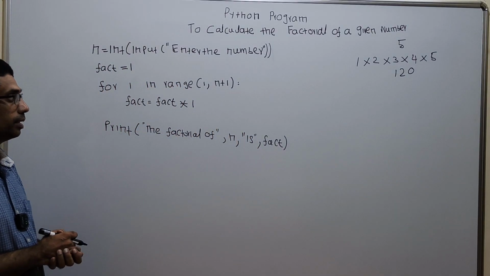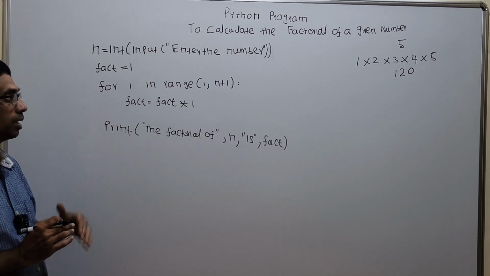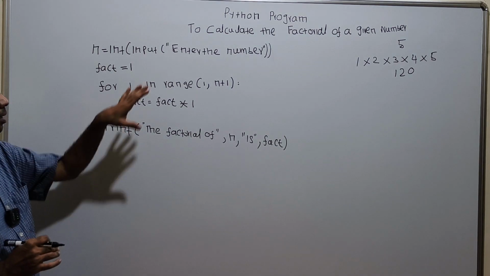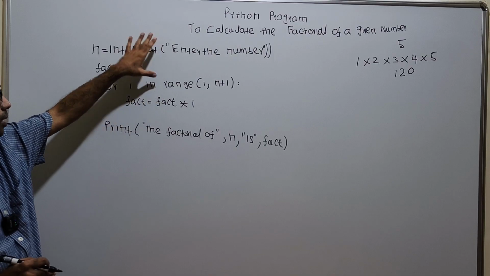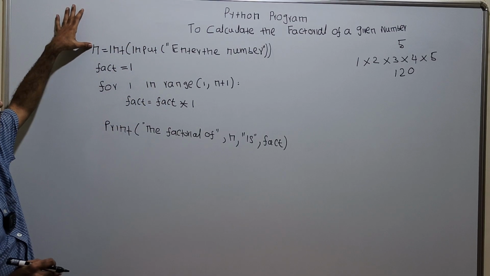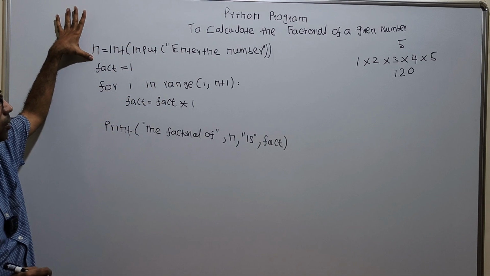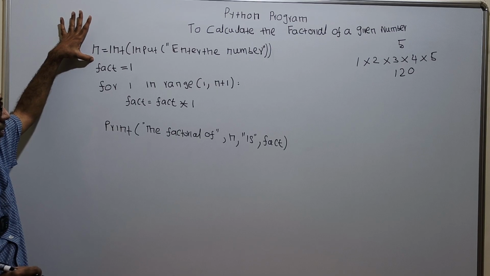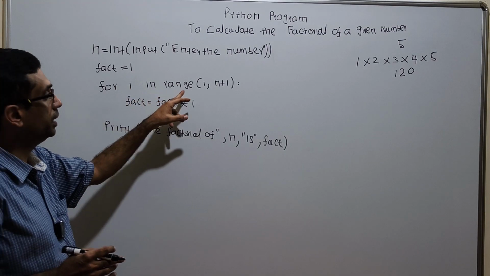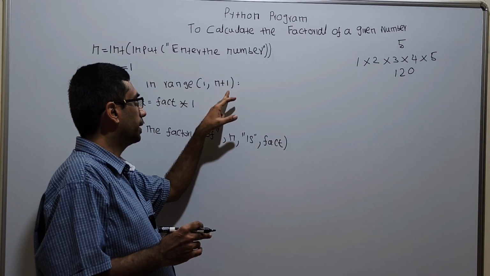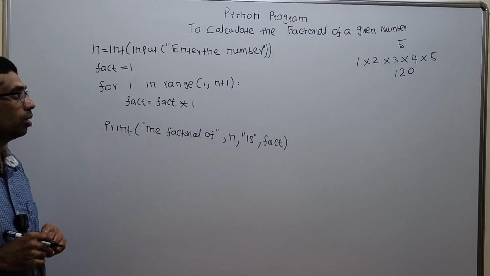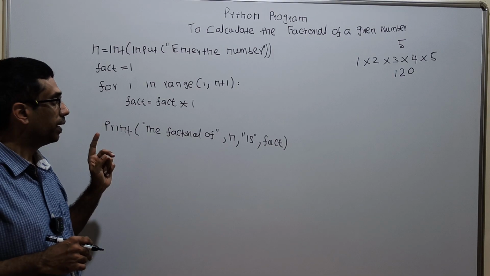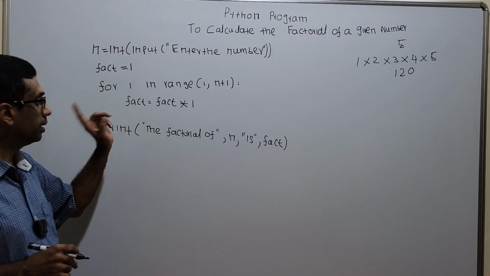Now we will take a sample input and check how this program works. First, the explanation. Here I am asking the user to enter a number, converting it to an integer and storing it in the variable n. Fact equal to 1, this variable is initialized with 1. Loop: for i in range 1 comma n plus 1 generates a sequence from 1 to n. i will take the values 1, 2, 3, up to n in each iteration.